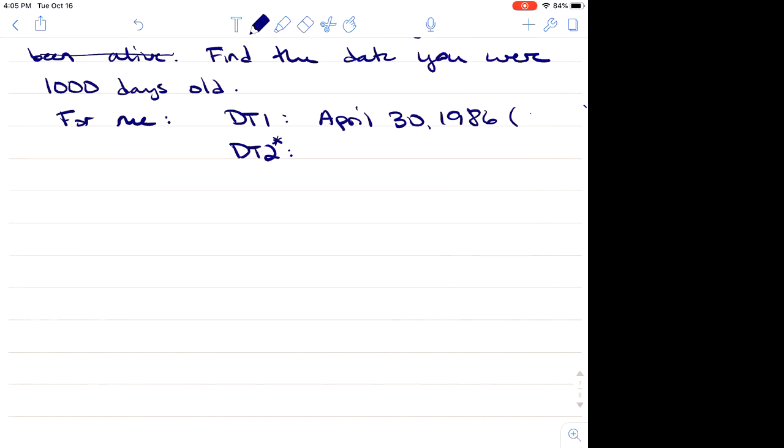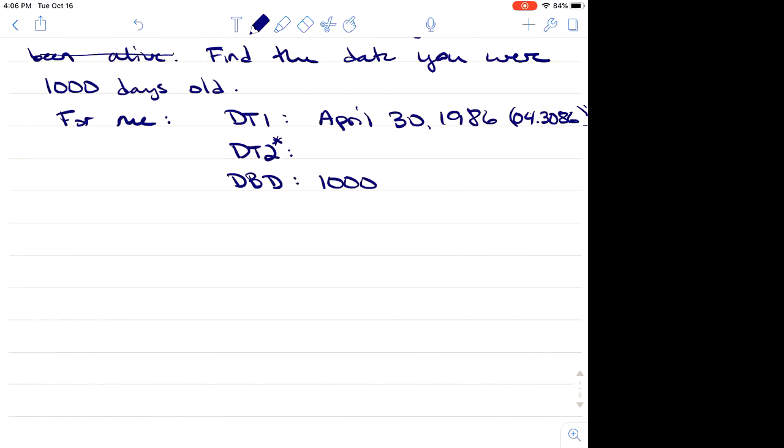I guess there'd be some overlap that it doesn't know, but it's a non-issue, I think. So date 2, we're solving for the days between dates. I want to force it to be 1,000 days. Here we go. Finally, I've got this example under control. 04.30.86. Well, for me, you can do yours.